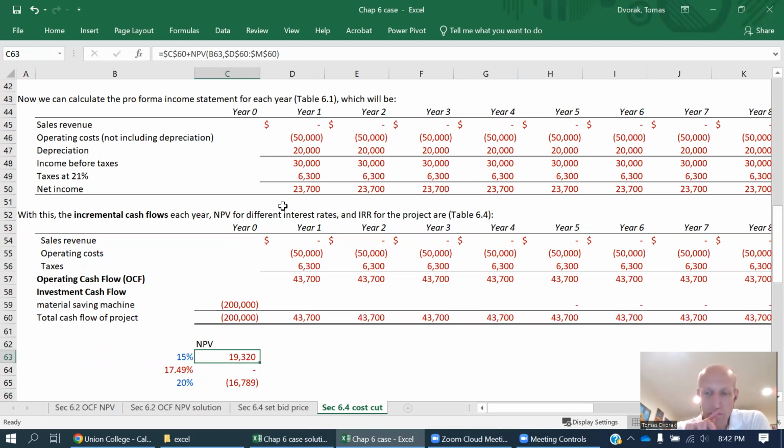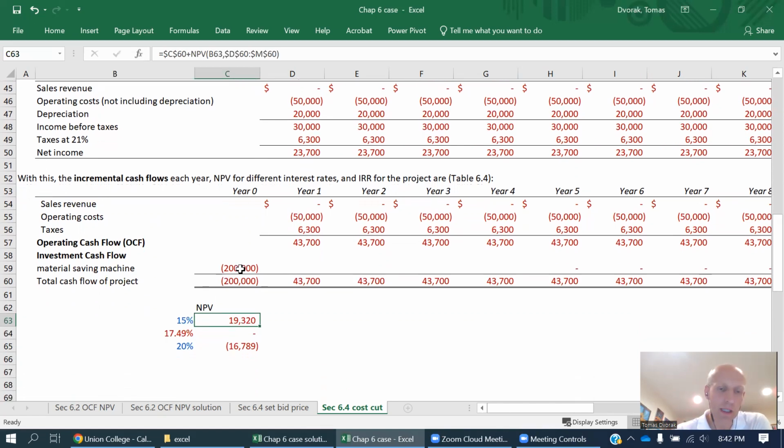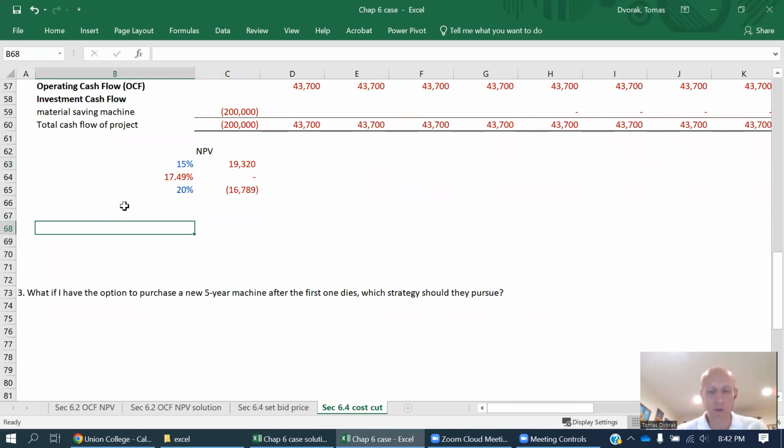And we can illustrate that by doing one more scenario, where we change things up. Instead of having one machine that lasts for 5 years, we're gonna have that machine for 5 years, and then we're gonna replace it with another machine that lasts 5 years. That way we'll get a project that has the same length, just 10 years.